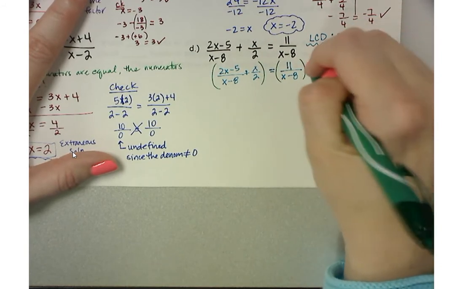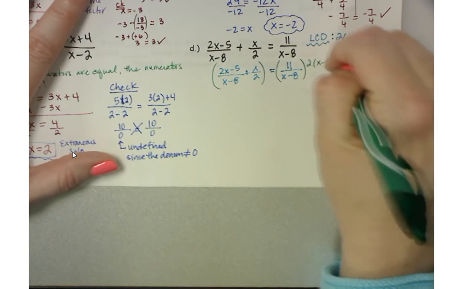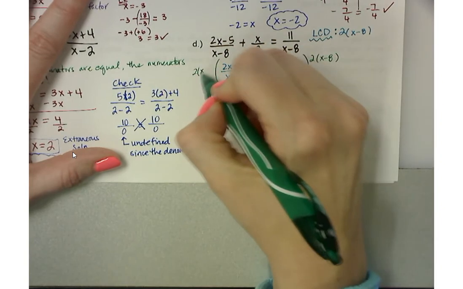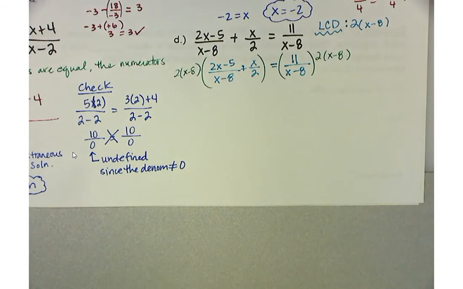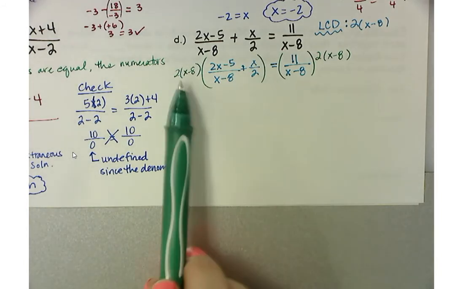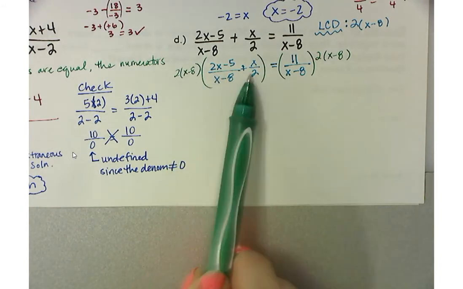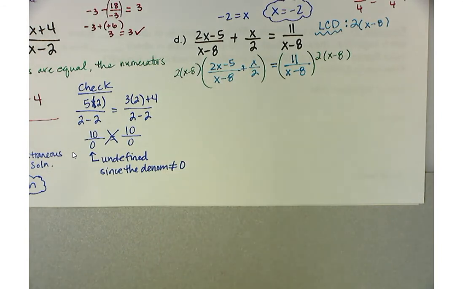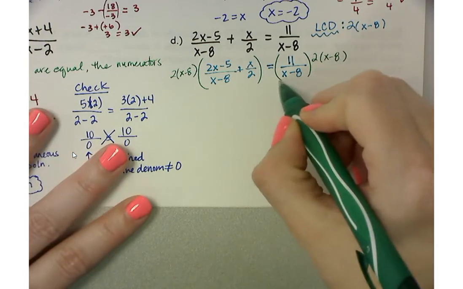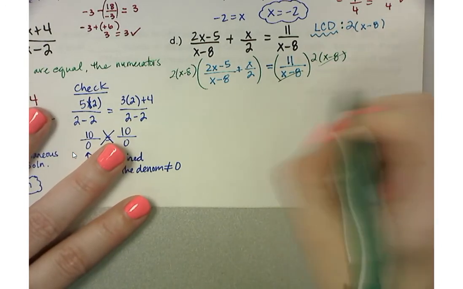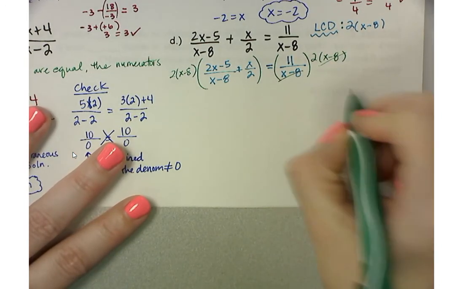I'm just going to give myself some room over here. So you're left with 2 times 11. I'm going to write it like that for now. And here we'd have 2 times x minus 8 times 2x minus 5 over x minus 8 plus 2 times x minus 8 times x over 2.